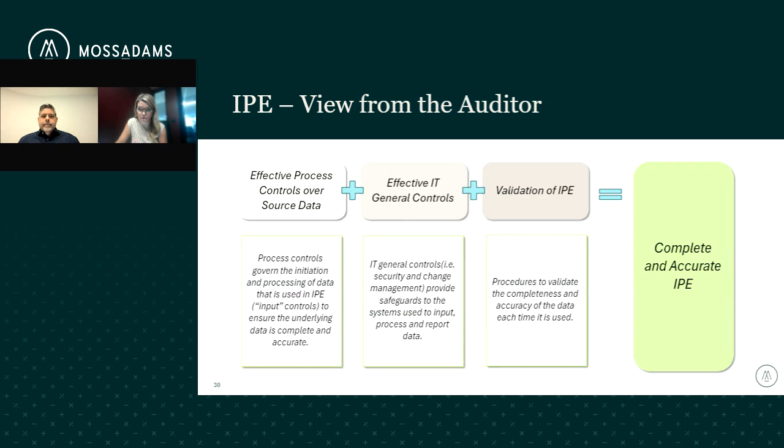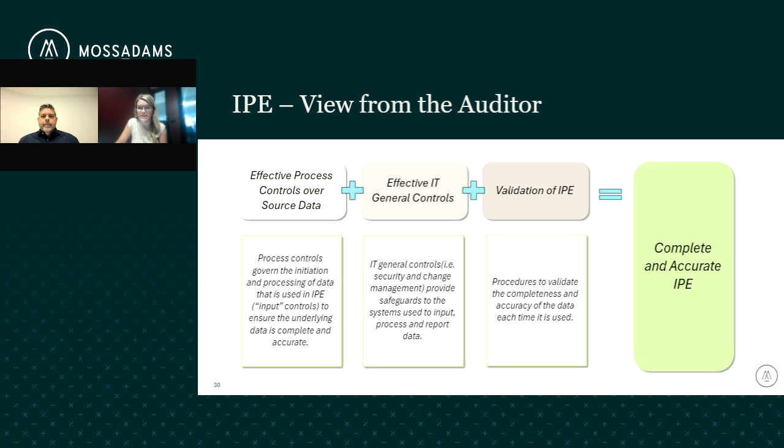So thinking through those four risks that I just mentioned, I think there are really three pillars in obtaining complete and accurate IPE. The first is having effective process controls over the source data, so those input controls, and we'll certainly look to identify those as part of the audit.